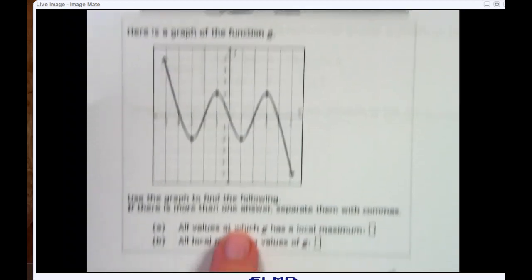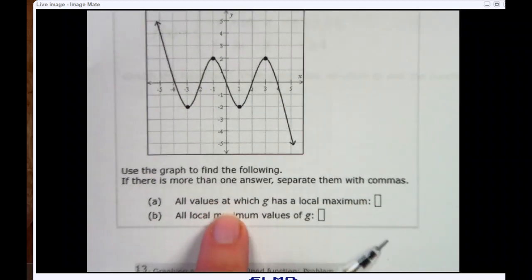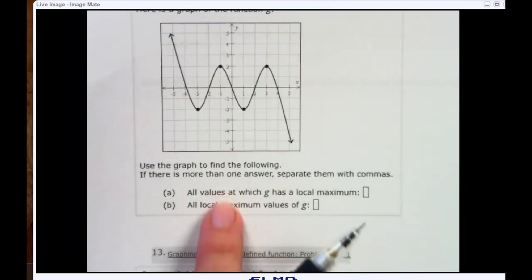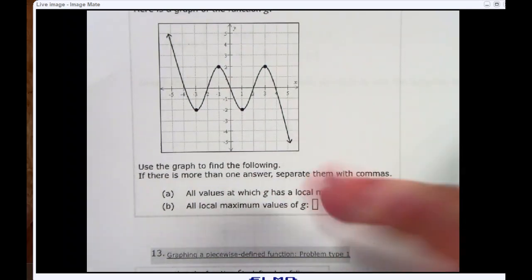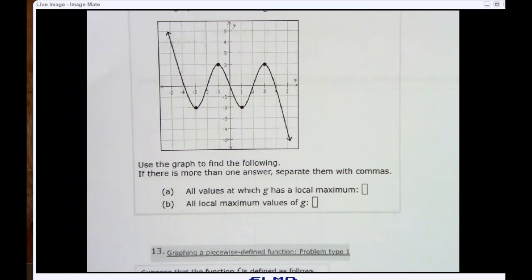Now, pay attention in your homework on these two questions right here, A and B, because Alex is mean and it flips those back and forth. It doesn't always type them in the same order. One of them refers to the x, one of them refers to the y. So our job really quick is to figure out which is which.